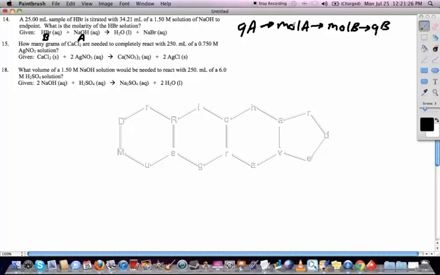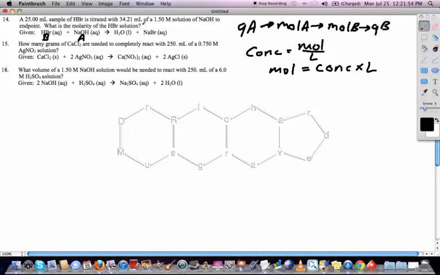Now the first step is to try and get moles of sodium hydroxide, or moles of A, and to do that I've got a volume and a concentration. As I said earlier, we know that concentration is moles per litre. That means if I want moles, I'm going to have to take the concentration and multiply it by litres.